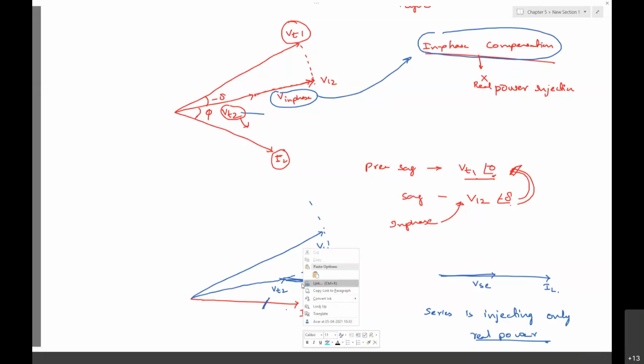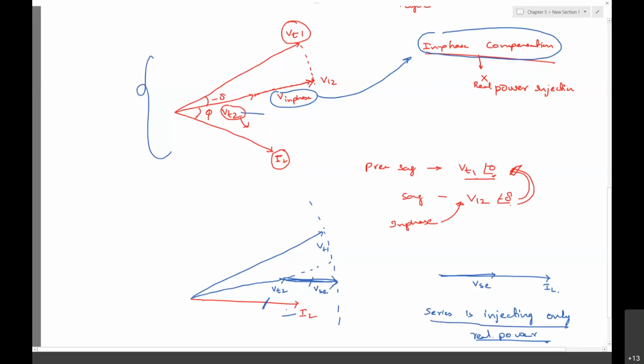In this case, particular to this diagram, it is not concentrating on the powers injected by the TVI. For the voltage compensation, in the in-phase method the series active power filter is injecting only the real power. Okay, this is about the in-phase compensation.